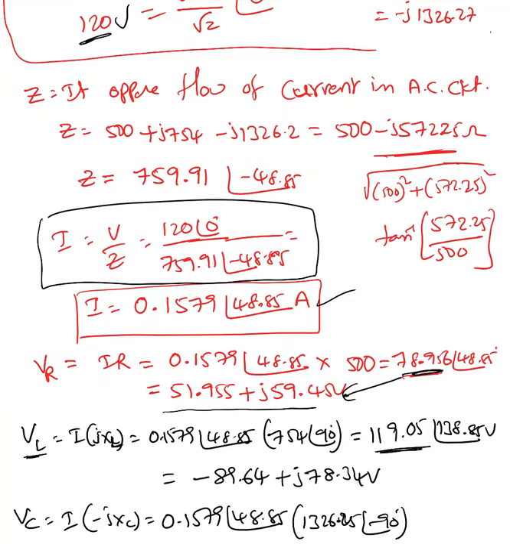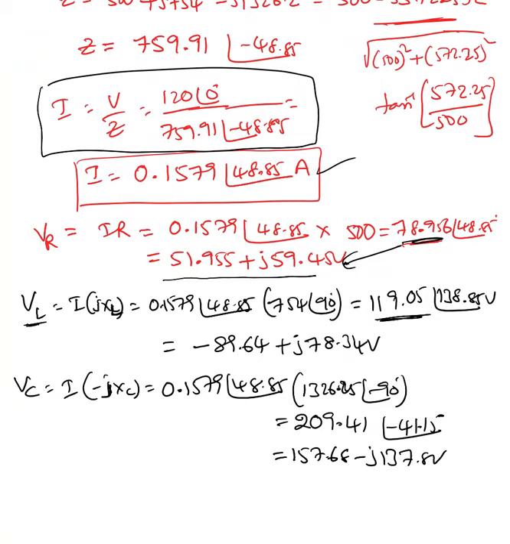And VC, the voltage drop across the capacitor, is I times minus jXC. I is 0.1579 at an angle of 48.85, and XC is 1326.25 at an angle of minus 90. That gives 209.41 at an angle of minus 41.15. Converting this into rectangular format, 157.68 minus j 137.8 volts.